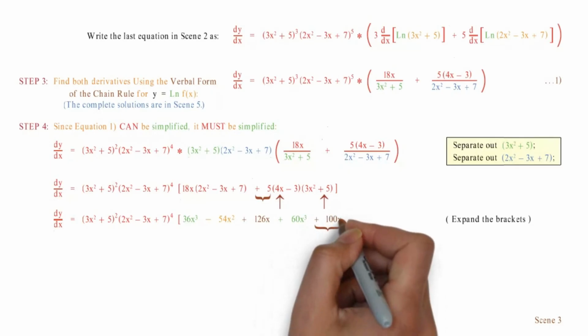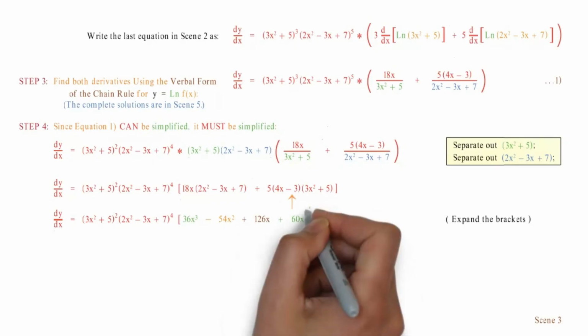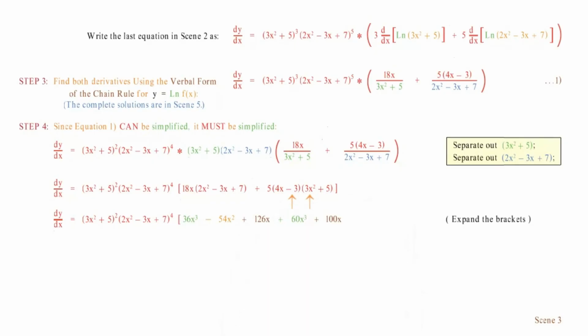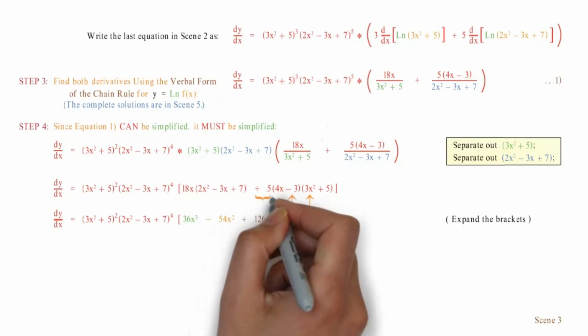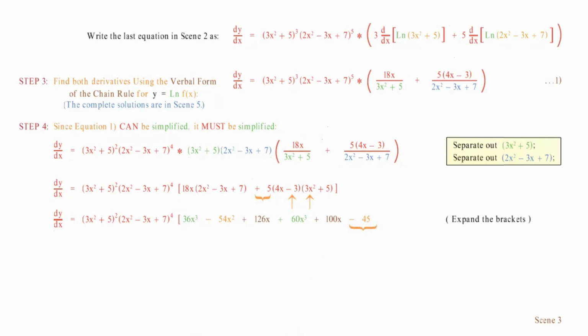Minus 3 times 3x squared is minus 9x squared, times plus 5 is minus 45x squared.